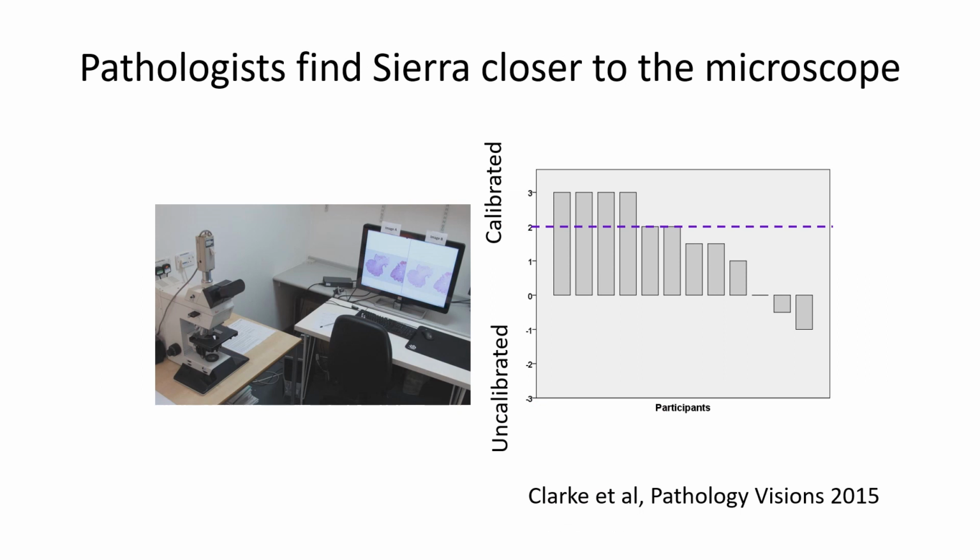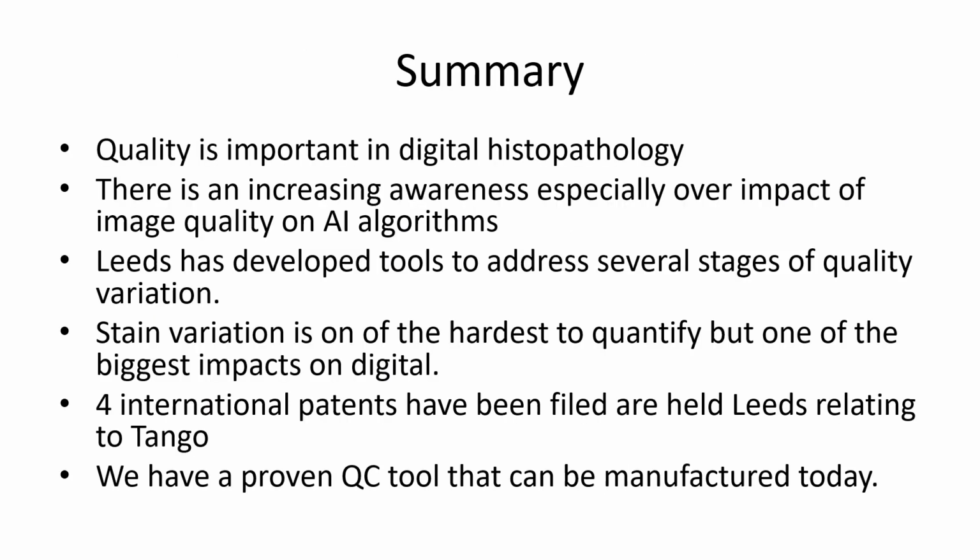Now, we did test this by doing a preference study, and in this preference study we have shown that when looking at the uncalibrated and the calibrated compared to the microscope, there is an overwhelming preference for the calibrated image because of its similarity to the microscope. So we can show here that the Sierra slide allows you to get back to the microscope and the correct, if that is the right word, but certainly the historically correct reference level.